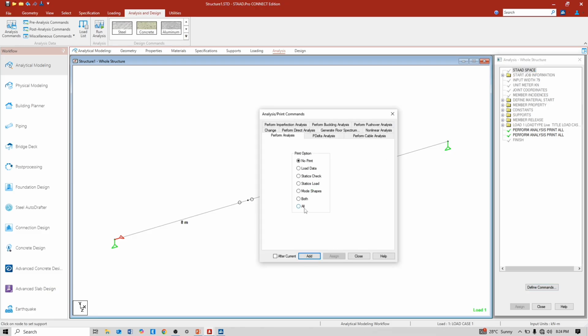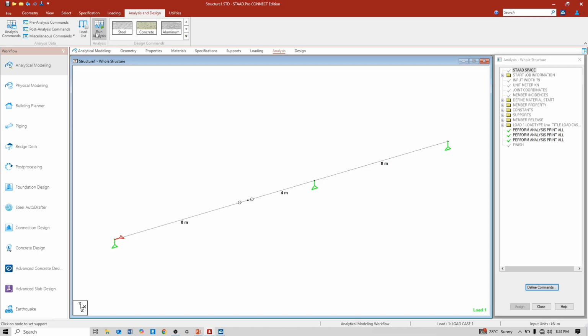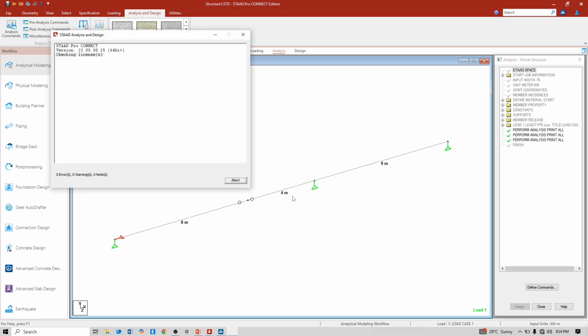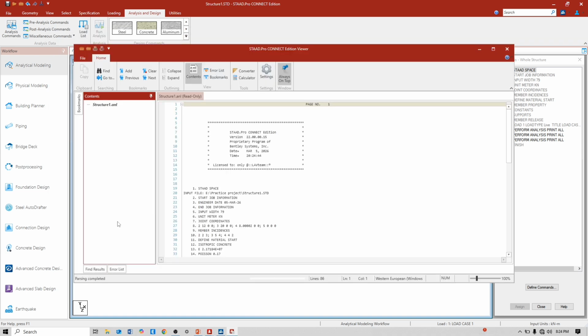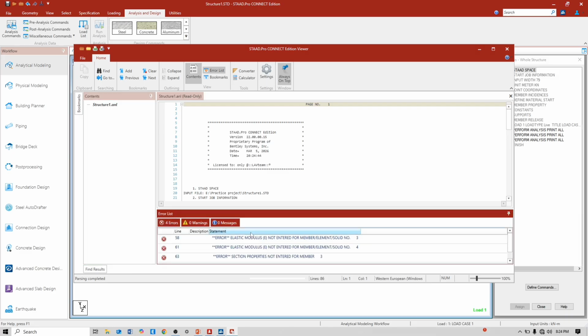Define command all add, close, run analysis. Again 4 errors come, 5: stiffness modulus not entered for beam 3 4.